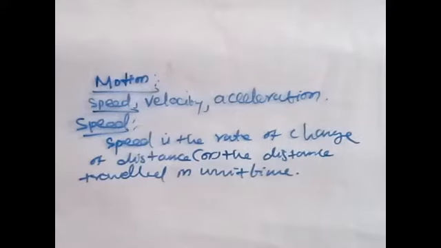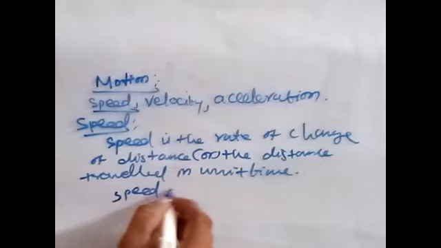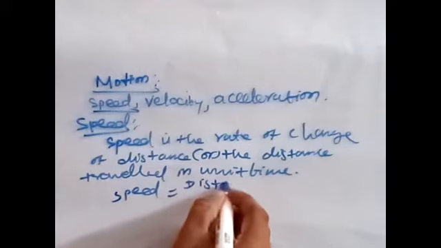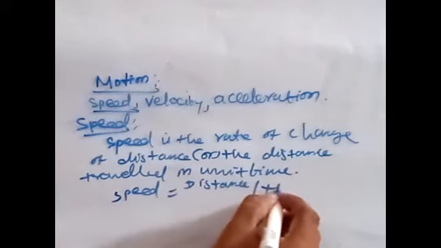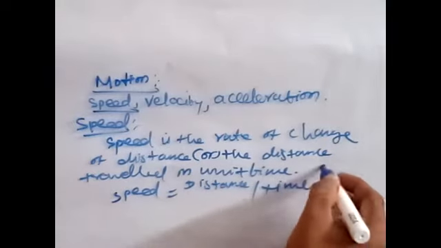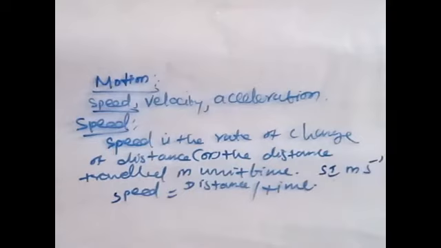Now the formula for speed is equal to distance divided by time taken. The SI unit of speed is m s^-1.